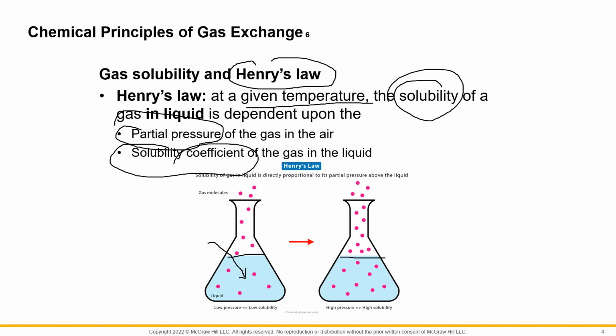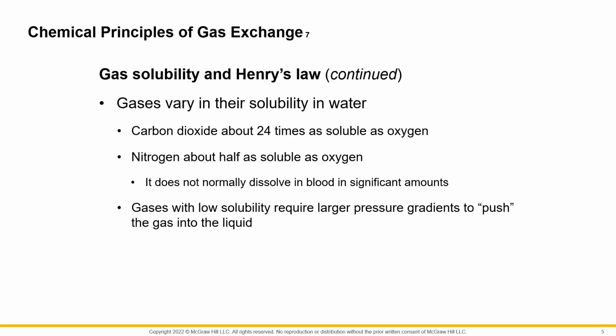Henry's law states that the lower the gas pressure, the lower the solubility. The higher the gas pressure, the higher the solubility. So if a gas is pressurized, it is more soluble in your blood, versus if it's less pressurized, it is less soluble in your blood.